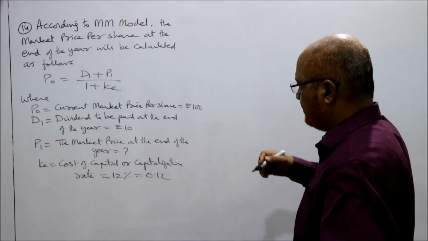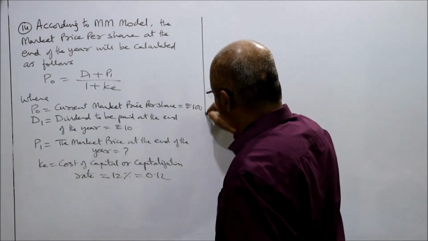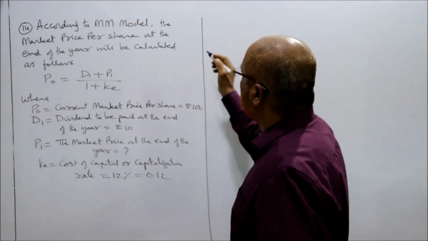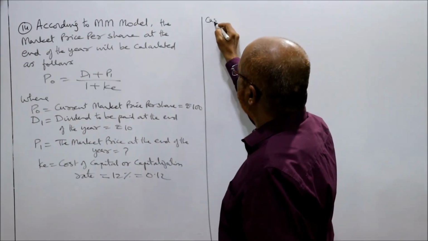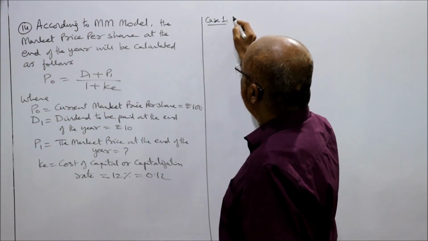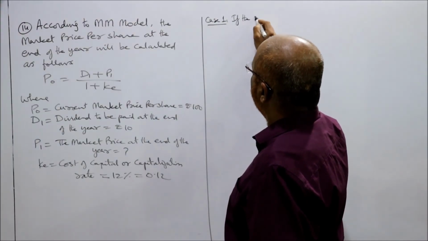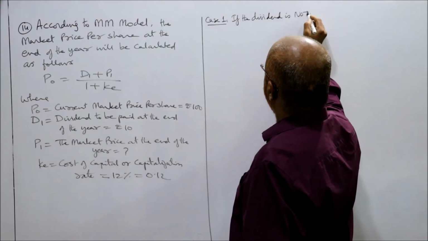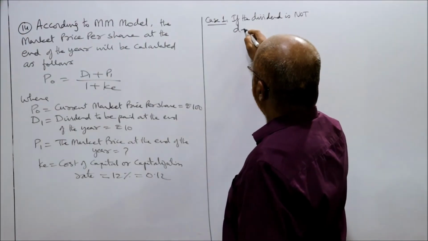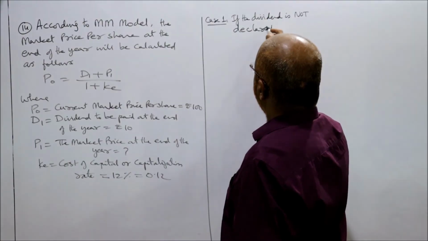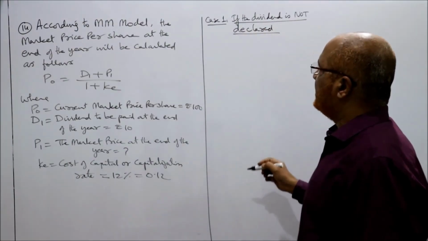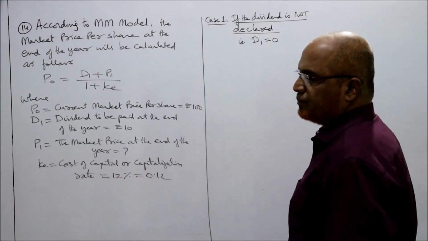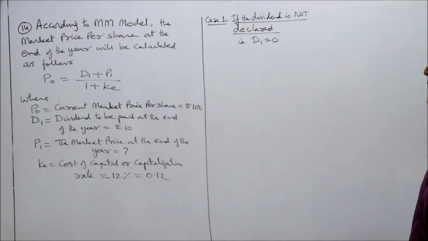Now see here. Two cases it is asking you. Case 1, if the dividend is not declared, that is D1 is equal to 0.